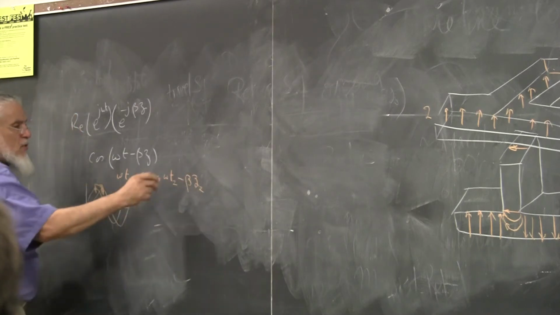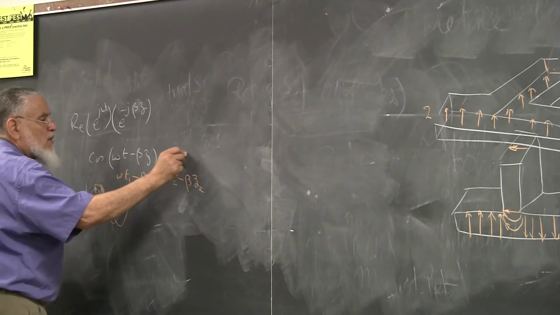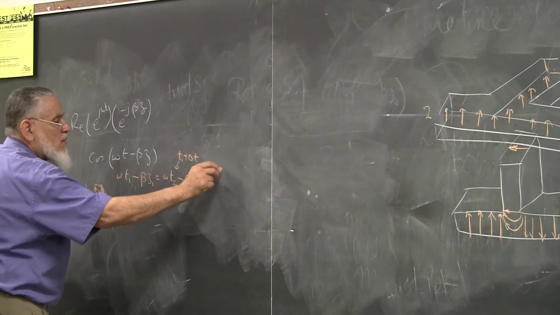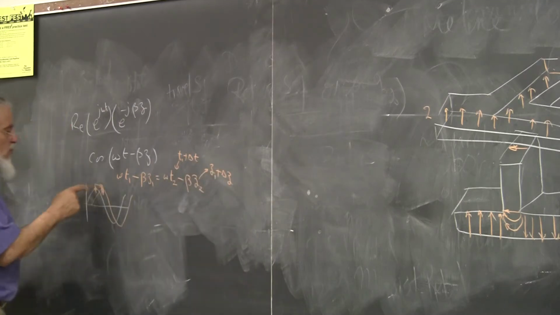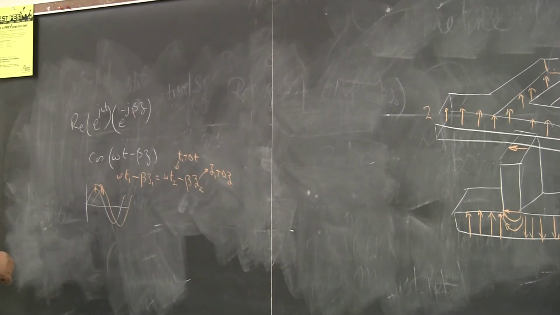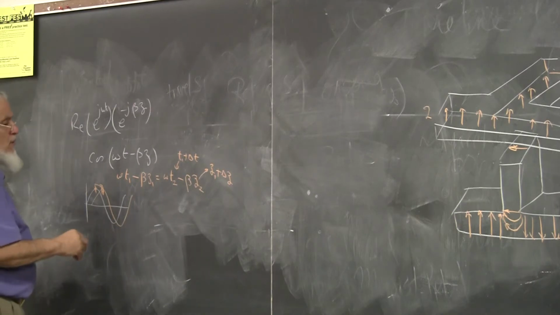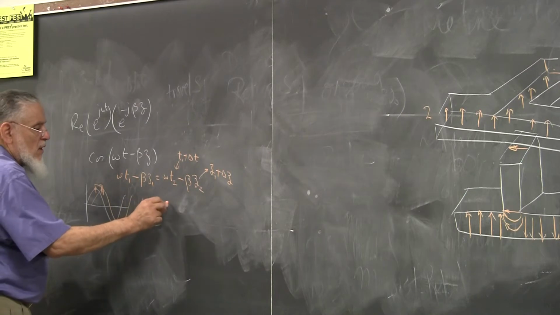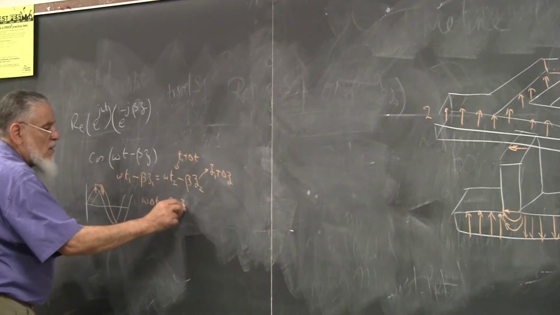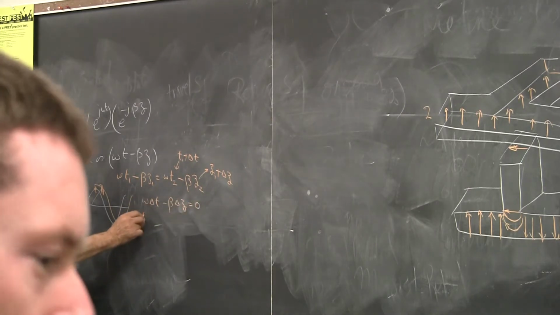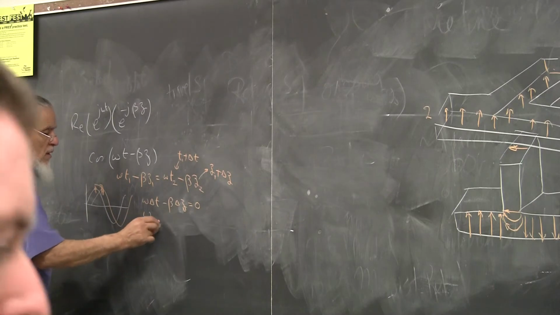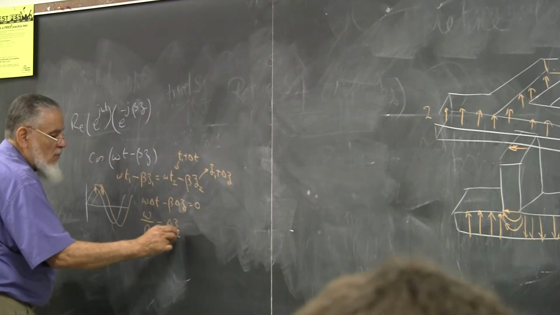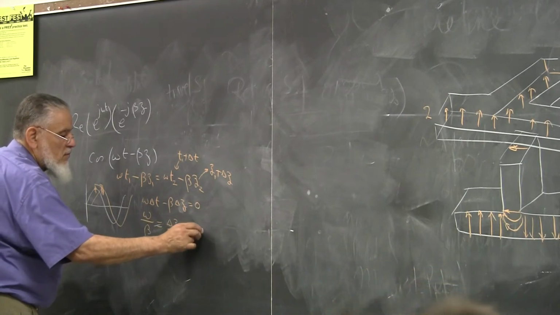And if you take t2 as t1 plus delta t, and z2 as z1 plus delta z, just take them as small increments here to get the differential element. You end up with omega delta t minus beta delta z is equal to 0, and from there we found omega over beta is equal to delta z over delta t, which we call the phase velocity.